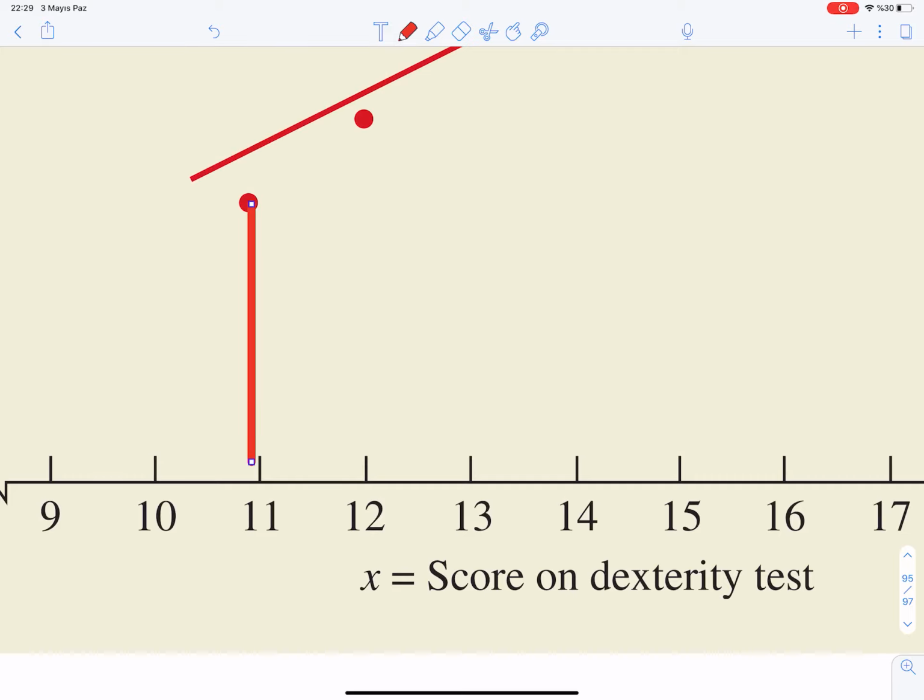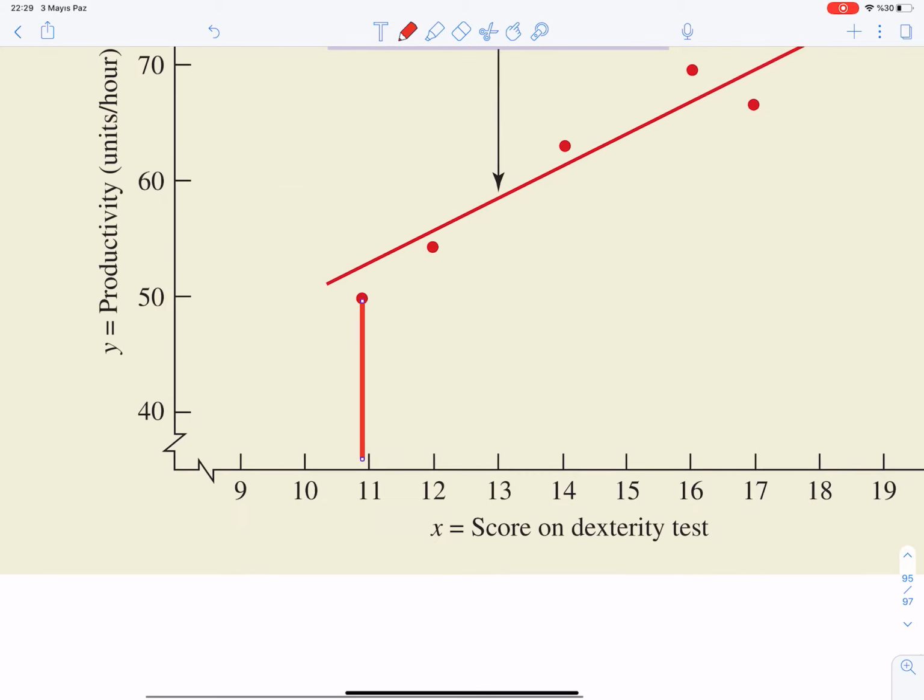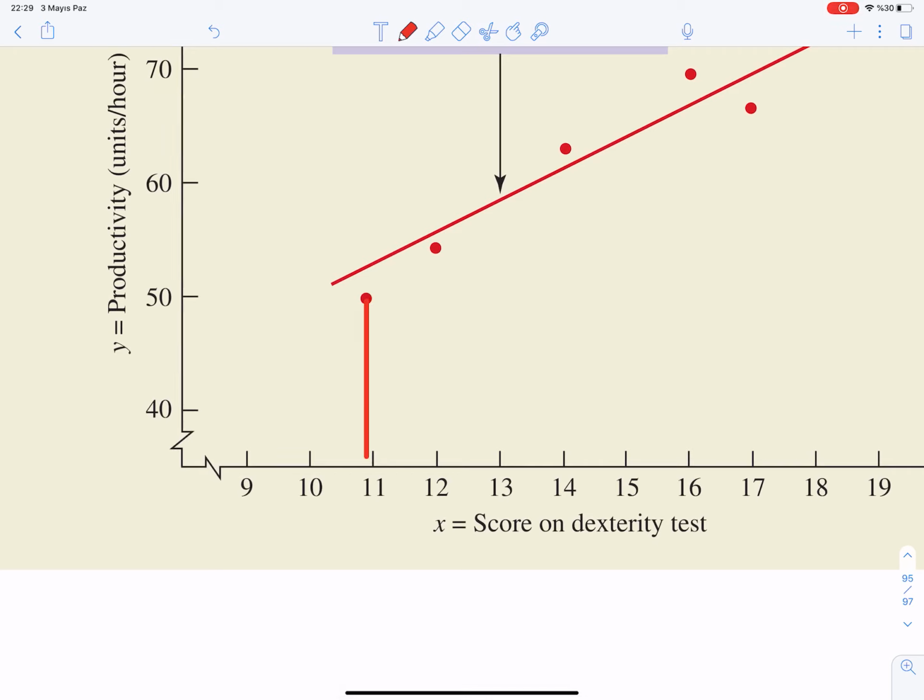The drawing is not very well performed according to the book.